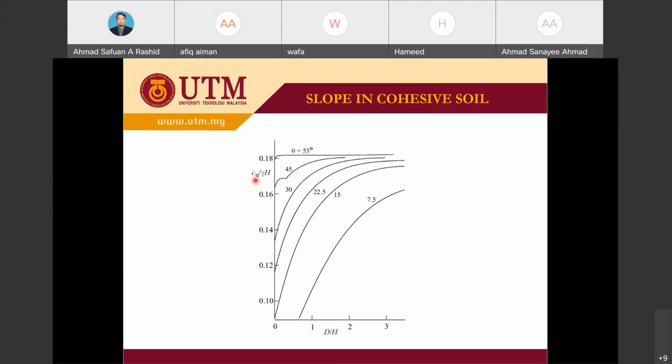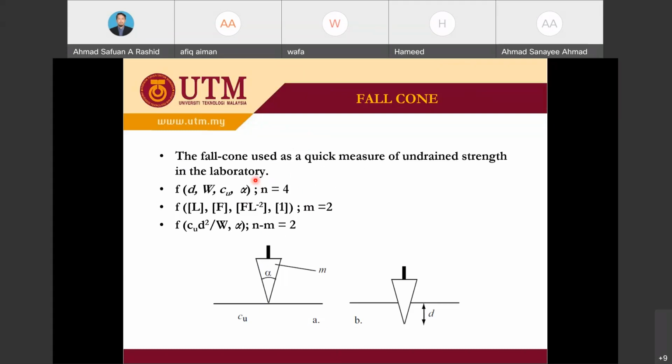For example, if you test on a 200 millimeter times 400 millimeter testing chamber and come up with the dimensionless equation, most probably any researcher who used a different size of box can also use this dimensionless equation. So that is how they derive this dimensionless equation from the Buckingham Phi theorem.